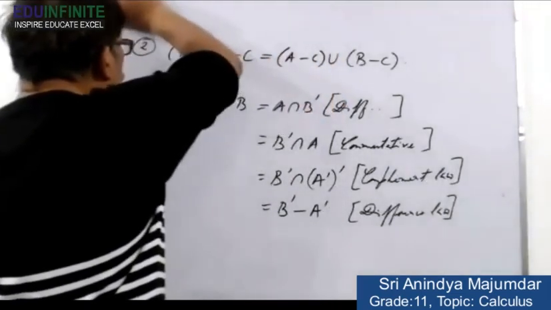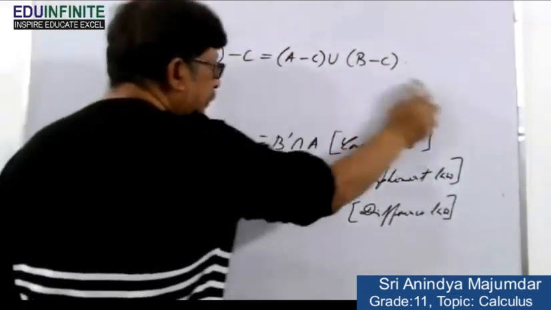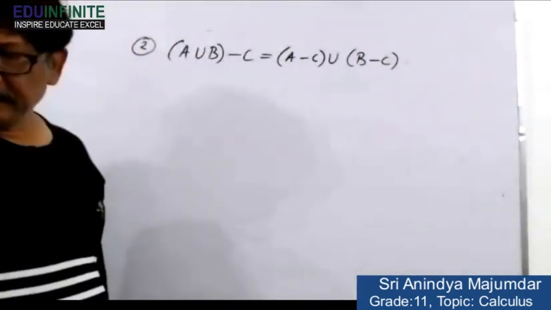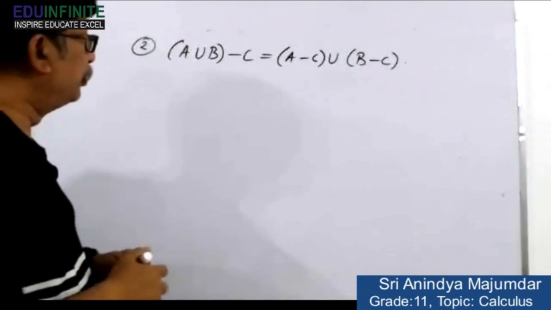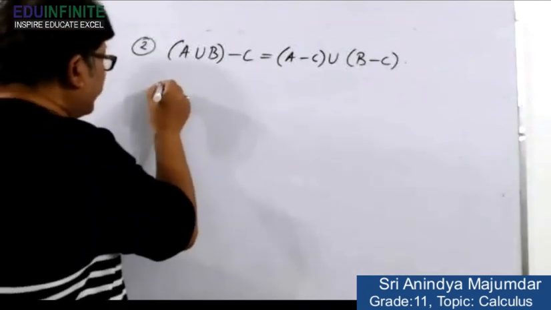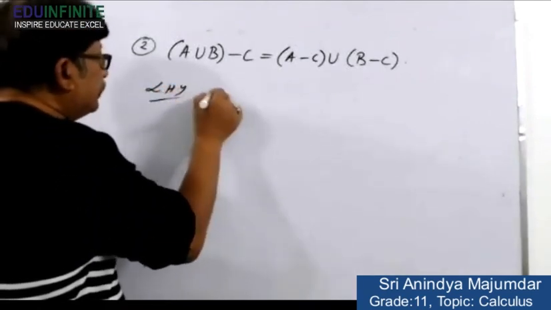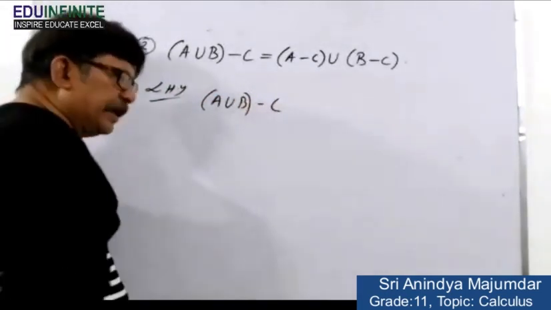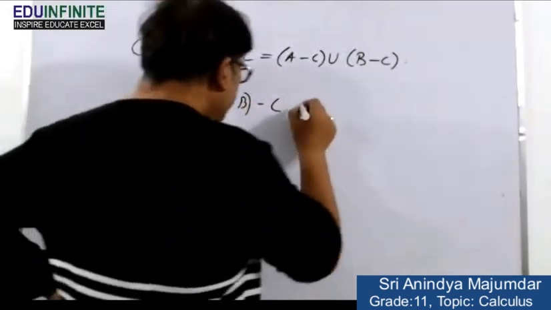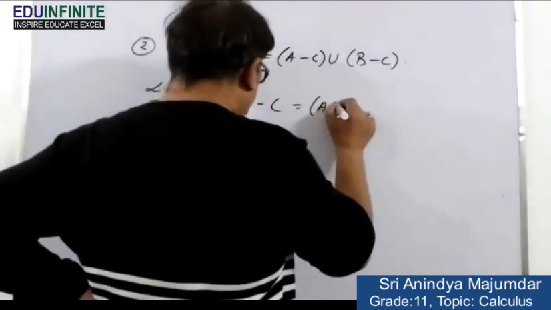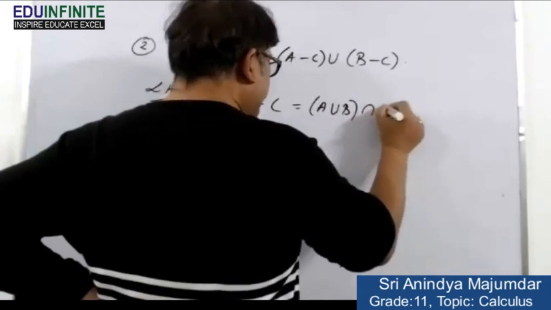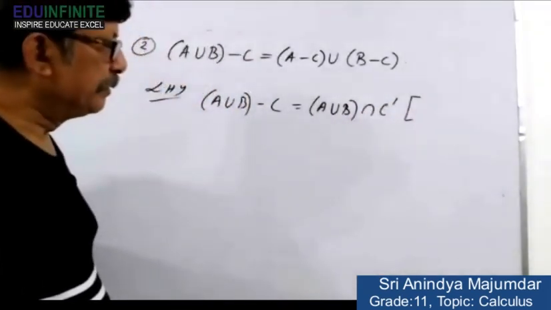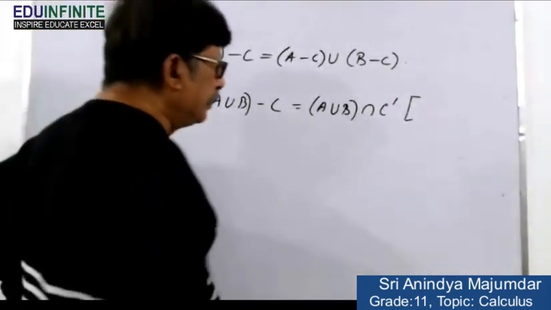The next one also, I believe that you can manage it with the help of the Venn diagram. But how to do it with the laws of algebra of sets? LHS: A intersection, B union C difference. Nothing, I've just repeated that. This is equal to A union B intersection C complement. Which law should I write? Difference law.